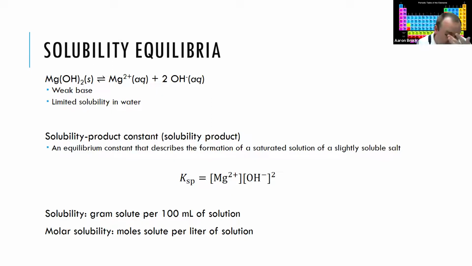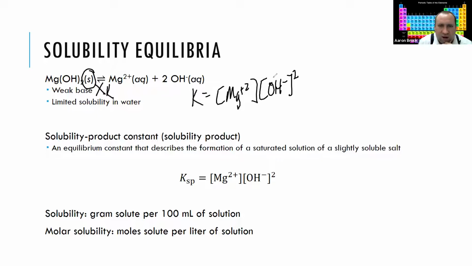But their weak base attribute here means that it is in equilibrium, and in equilibrium, we can quantify its ion concentration based upon this value known as KSP. And so all of the concepts that we've talked about to this point about heterogeneous equilibrium, they still apply here. Because this is a solid here, it is not going to be in K, which means that K is going to be equal to the concentration of the magnesium ion multiplied by the concentration of the hydroxide ion squared, because those still apply as normal.